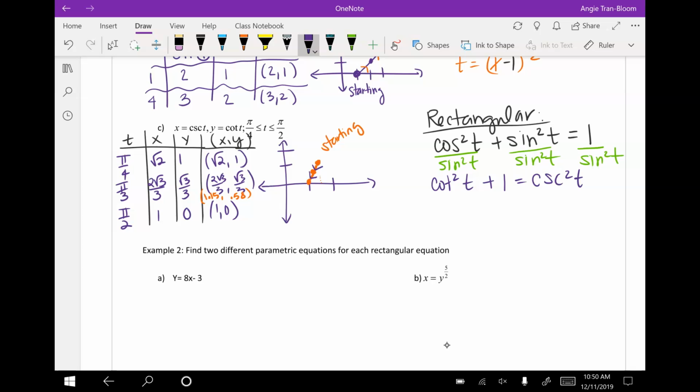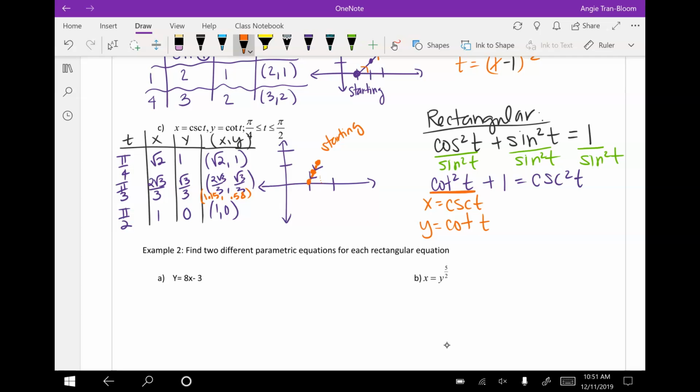In our problem, they gave us x. What is x equals? Cosecant, yep, of t. They also gave us y. Y is cotangent of t. Guess what? All we got to do is plug it in.